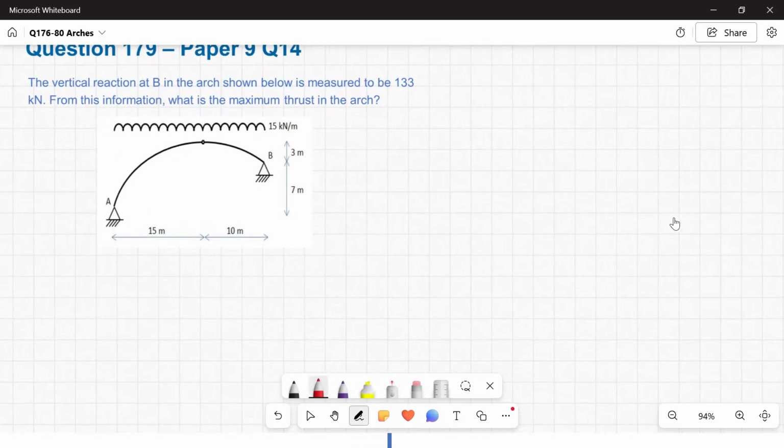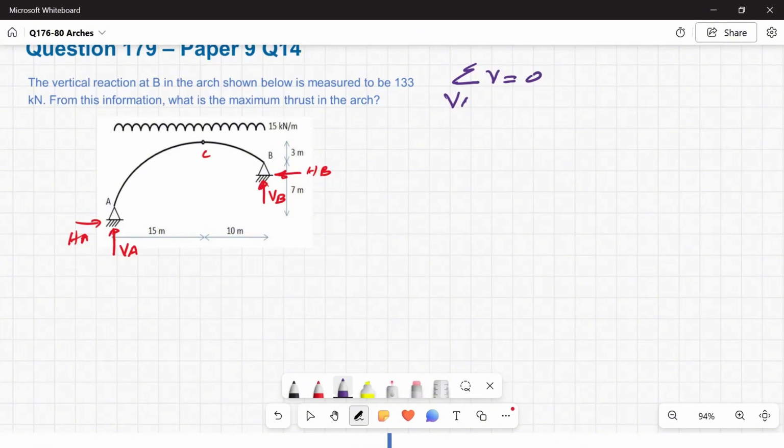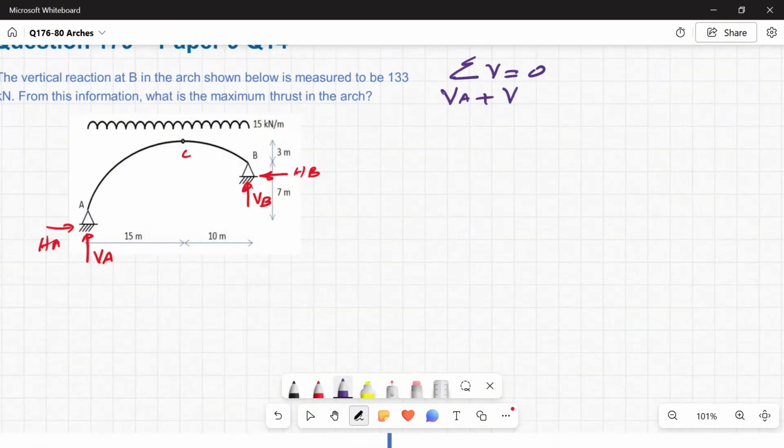Firstly, let me give the reactions here: VA, HA, VB, and HB, and I call this point C. If I say the summation of vertical forces equals 0, then I have VA plus VB is equal to the total load.